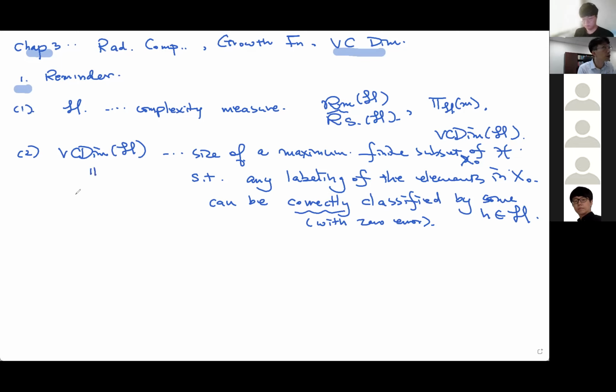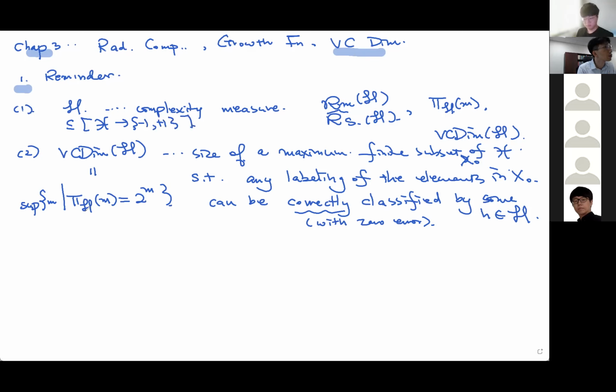And the VC dimension is the supremum of m such that the growth function has the largest value, 2 to the n. In this context, we are always thinking about our hypothesis as a mapping from input to -1 and +1.